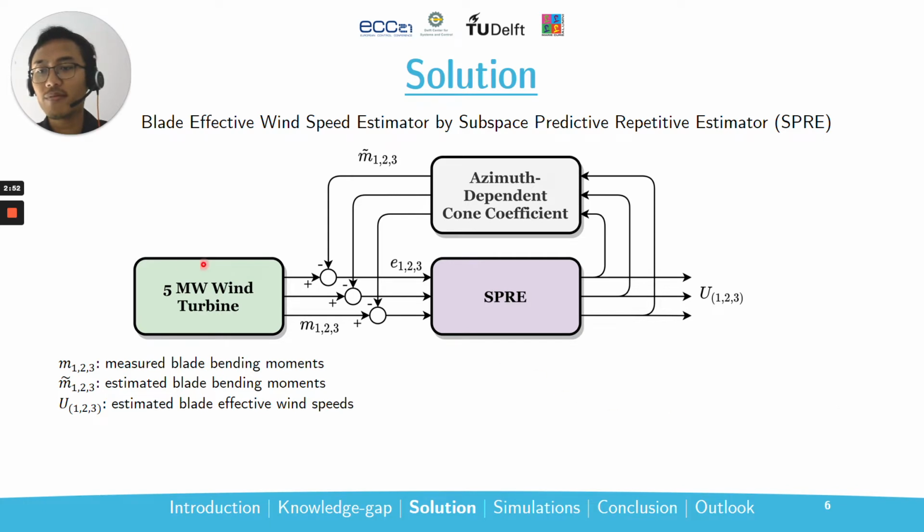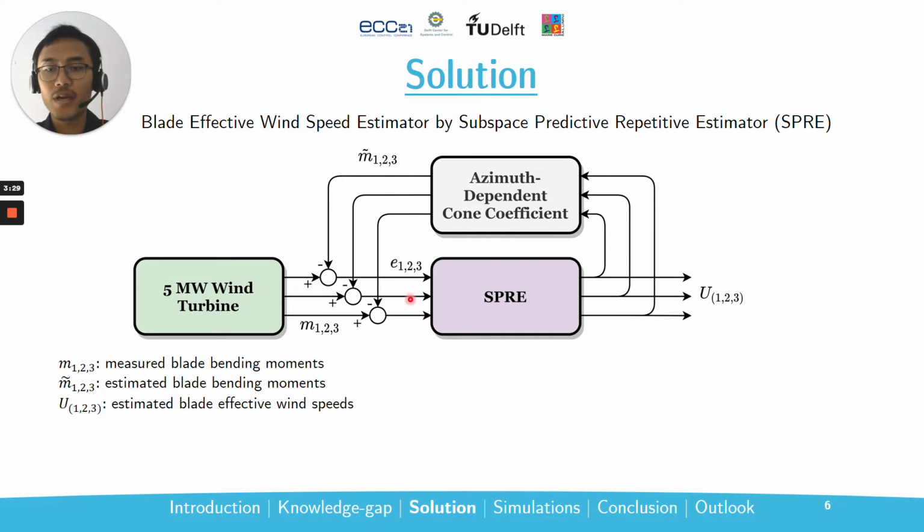In this scheme, we have our wind turbine, which is the NREL 5 megawatt, and we have the SPRE, which is the Subspace Predictive Repetitive Estimator, and we also have the azimuth-dependent cone coefficient here. The turbine outputs the measured blade root bending moments, denoted by M1, M2, M3 here, and these are subtracted by the estimated blade loads from the azimuth-dependent cone coefficient, which results in the errors for the first, second, and third measurements.